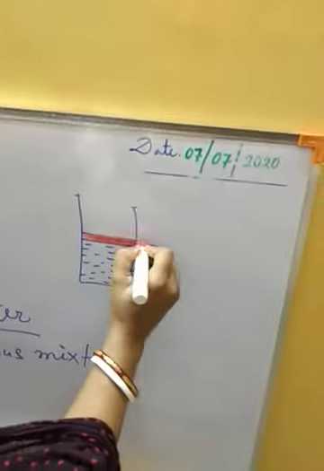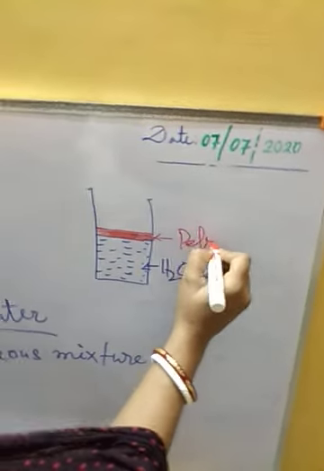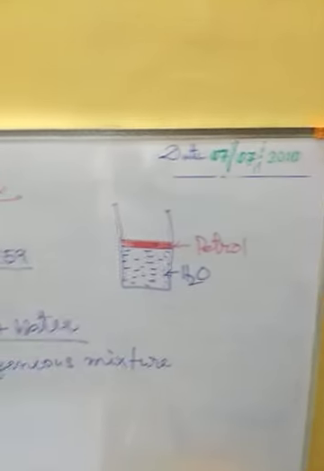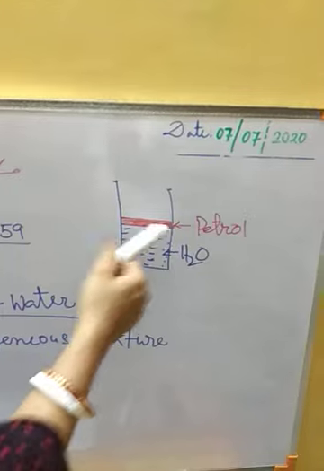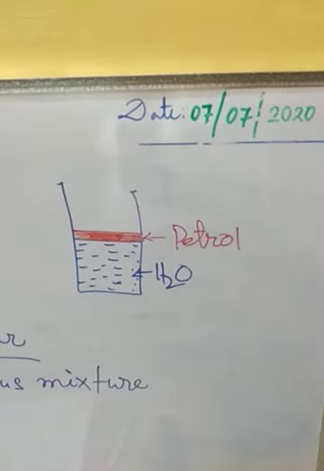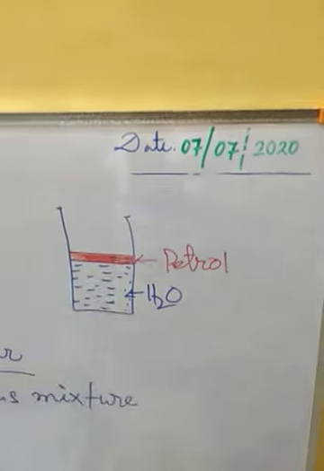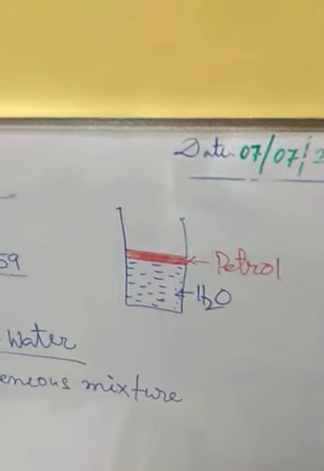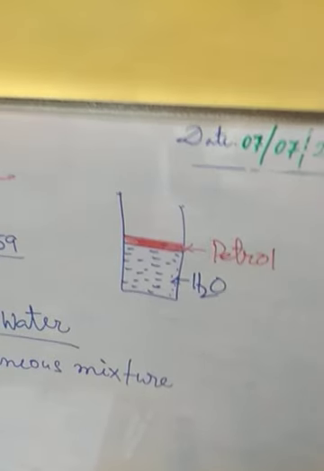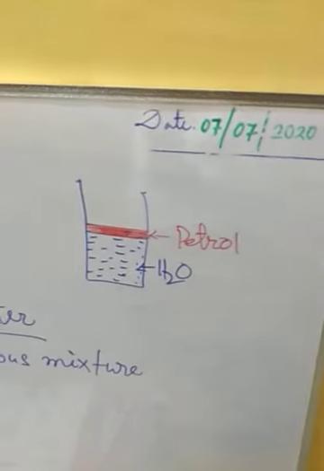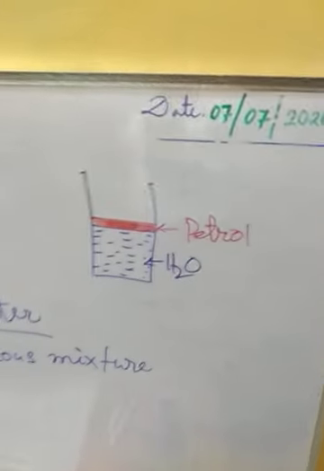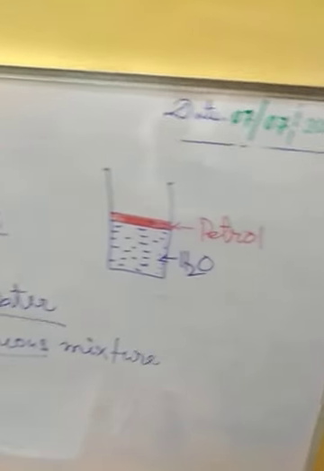So this is petrol. That means two separate layers are formed, which can be separated by a separating funnel. This separation technique we have learned. So why is this a heterogeneous mixture?